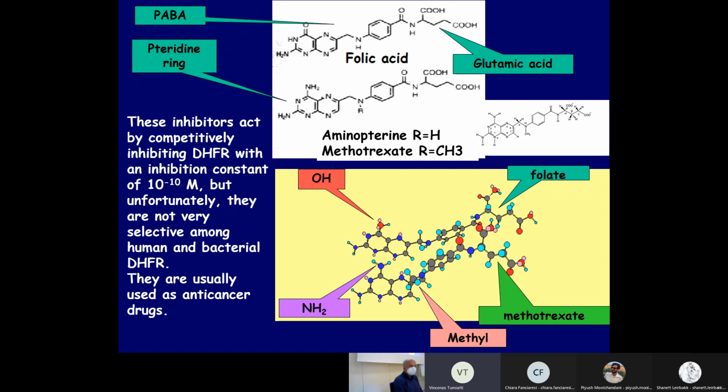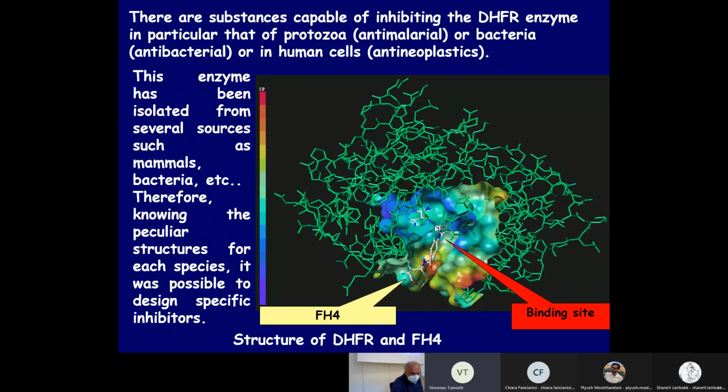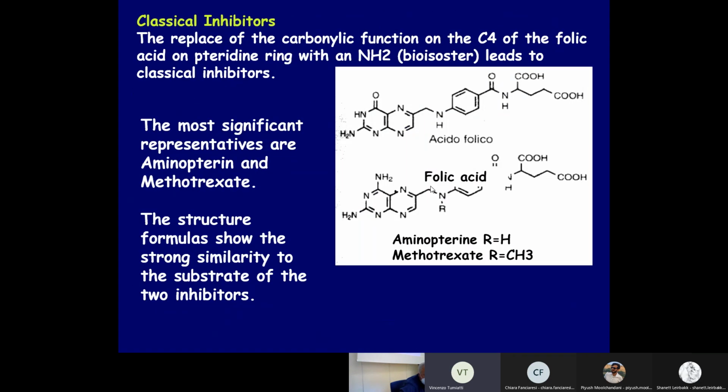But why is this protonation so important for methotrexate? This protonation is important because in the binding site, very close to the region where this nitrogen atom is located, there is a residue of an aspartic acid, CO minus.